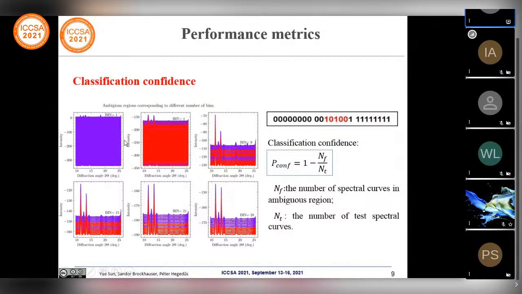If no boundary is detected, it means all the spectral curves are classified in the ambiguous region, and the corresponding confidence is 0. And if a clear boundary is detected, it corresponds to 100% classification confidence.